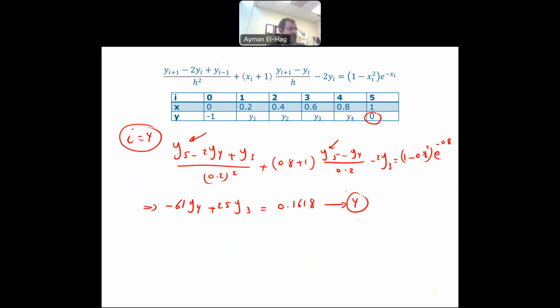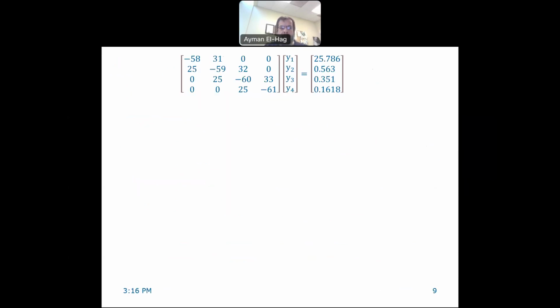Now we have 4 different equations. I will put them in a matrix form. So these are my 4 equations, and I need to solve. You can use any technique, like Gauss elimination for example. These will be the values of y1, y2, y3, and y4, which is y at 0.2, 0.4, 0.6, and 0.8.